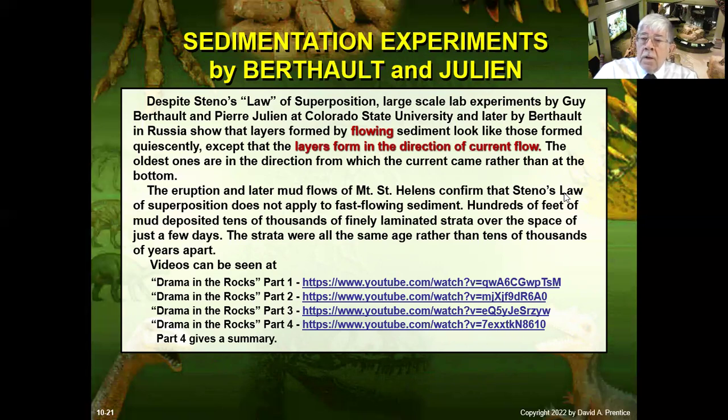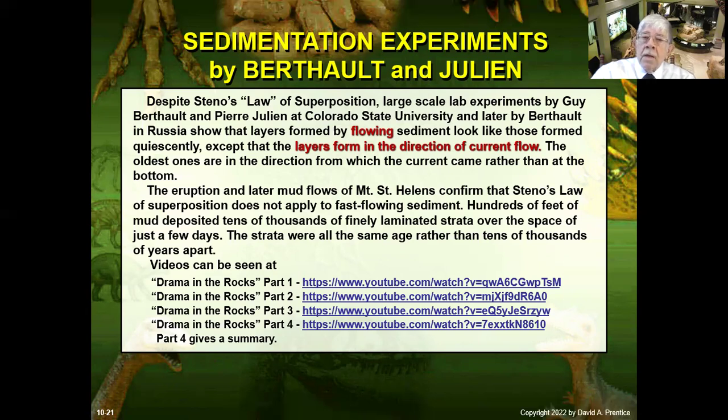They found, by doing experiments in a lab, that layers formed by flowing sediment look like those that form quietly, except the layers are not oldest at the bottom. If there's a rapid current flow, we're going to get multiple layers, but they were all deposited at the same time. So the oldest ones are in the direction that the current came from rather than chronologically the oldest.